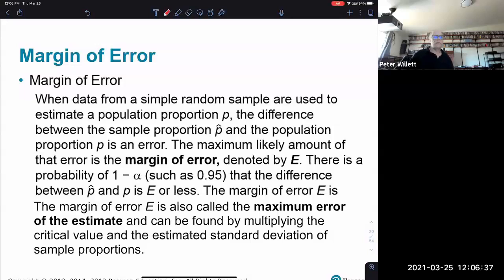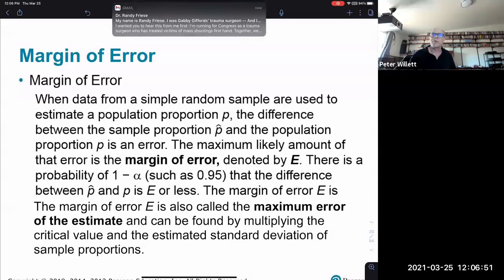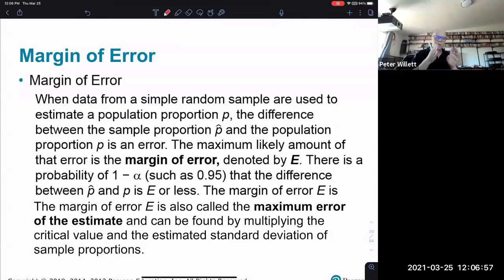So if I am trying to figure out the proportion of students at DVC who label themselves as Democrats, and the real proportion was 35%, and I took a sample of 100 students and the proportion from my sample was 32%, then that would have an error of 3%, because the value I got from my sample is 3 percentage points off from the actual population's percentage. So that's what the error is.